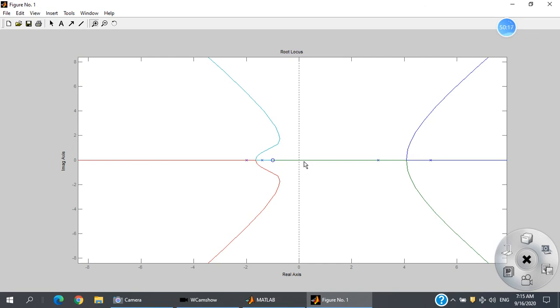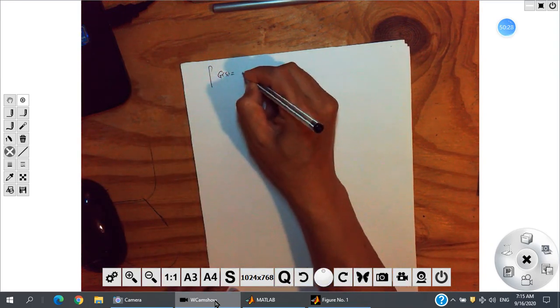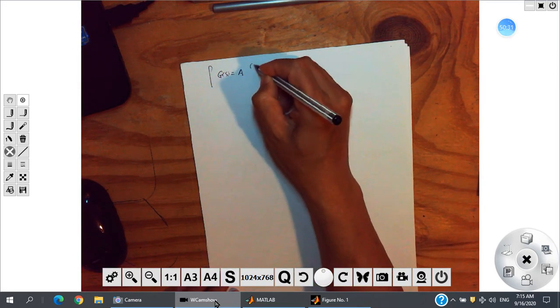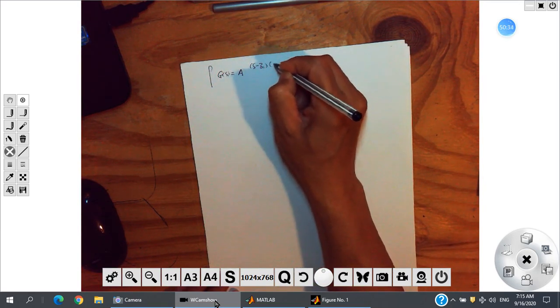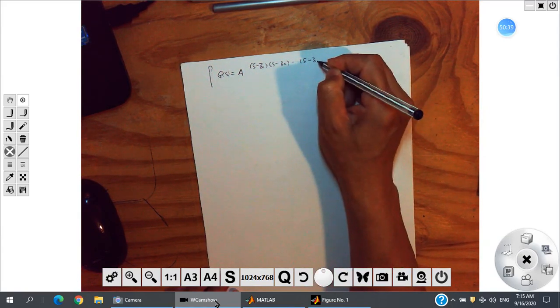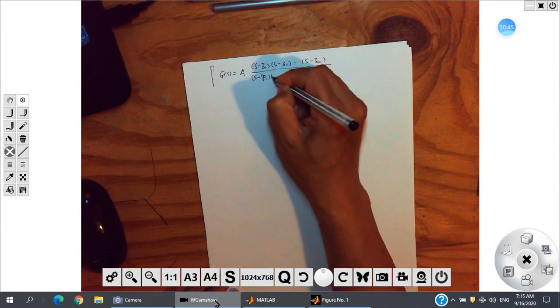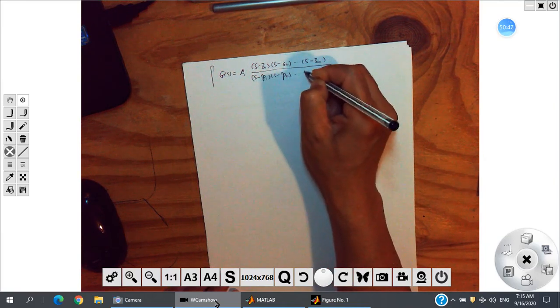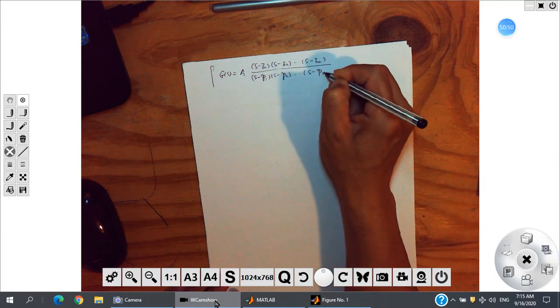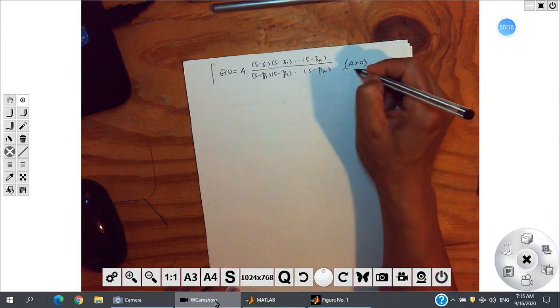The assumption looks like this: G of s equals A times (s minus zero 1)(s minus zero 2) up to (s minus zero n), over (s minus pole 1)(s minus pole 2) up to (s minus pole m), with A positive.